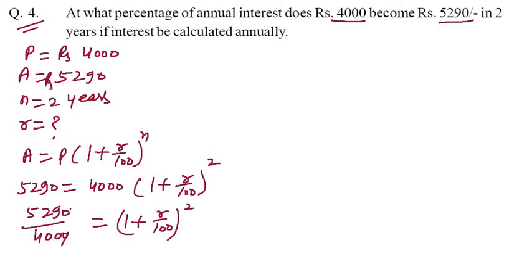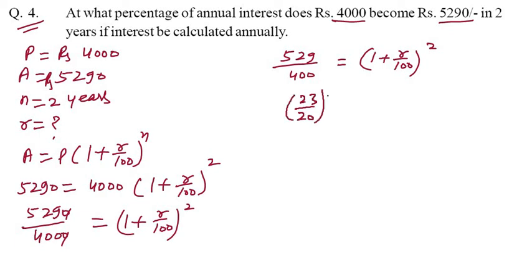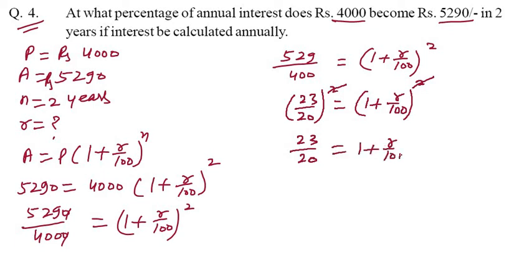As you know, 0 will be cancelled with this 0, so we get 529 upon 400 is equal to 1 plus R upon 100 to the power 2. That is 23 upon 20 whole square, and here is 1 plus R upon 100 to the power 2. So the power 2 will be cancelled out. So we get 23 upon 20 is equal to 1 plus R upon 100.